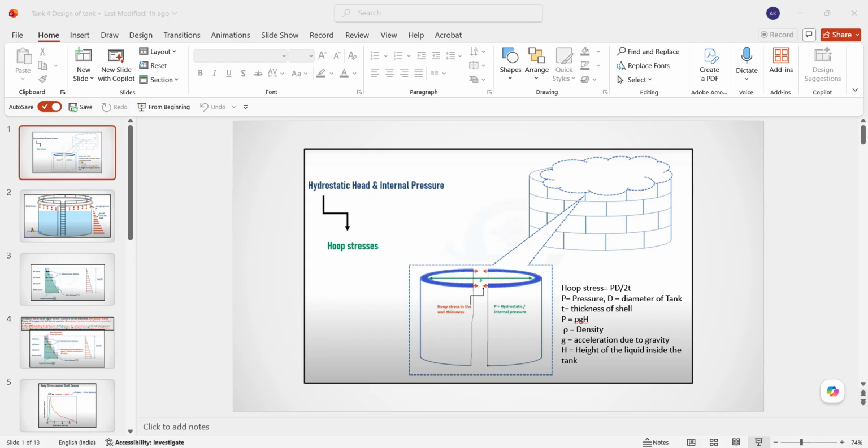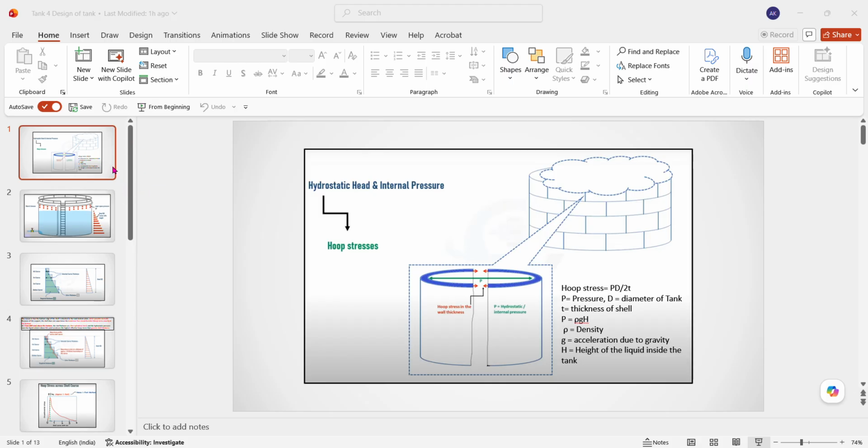Then there is a formula, I have told you the basic formula, that is hoop stress, PD by 2T, for calculating the thickness. td, the design thickness, uses 4.9. D is the diameter, H is the height, G is the specific gravity, C is the corrosion allowance, and Sd is the design stress.